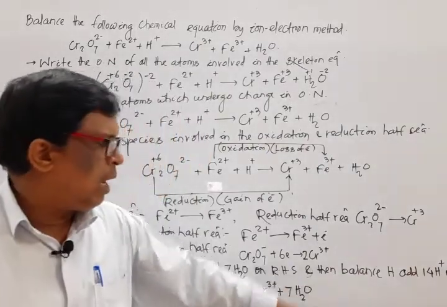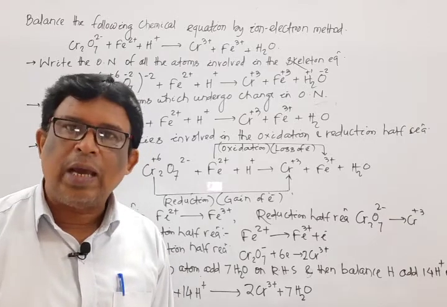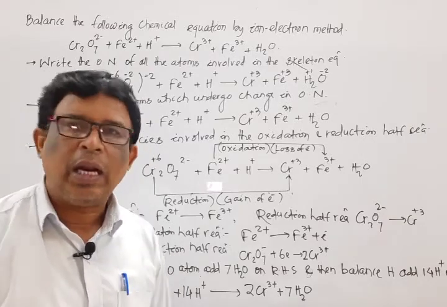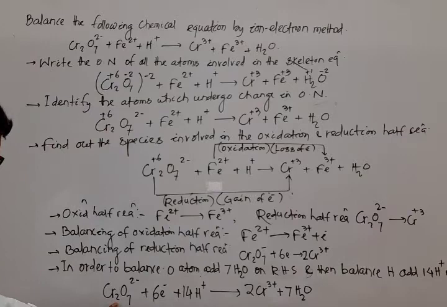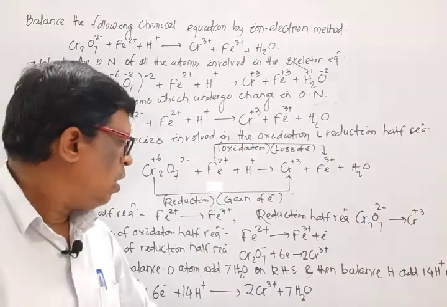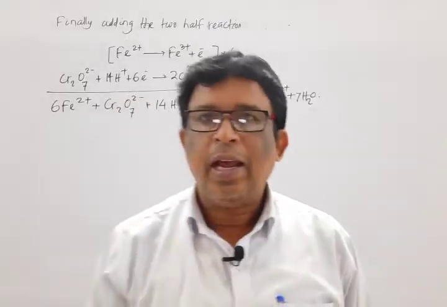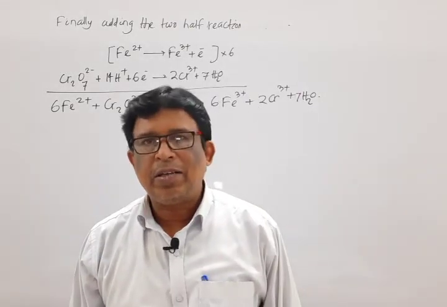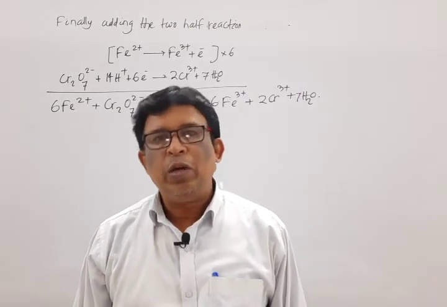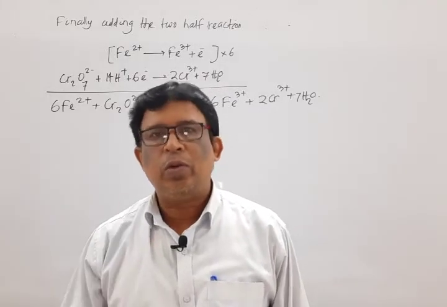Then finally balancing the hydrogen atoms, we add 14 H plus ions on the opposite side. Finally the equation is Cr2O7 2 minus plus 6 electrons plus 14 H plus gives rise to 2 Cr3 plus plus 7 water. Finally, add these two half reactions by multiplying by a suitable integer in both cases such that the total electrons on both sides cancel out.